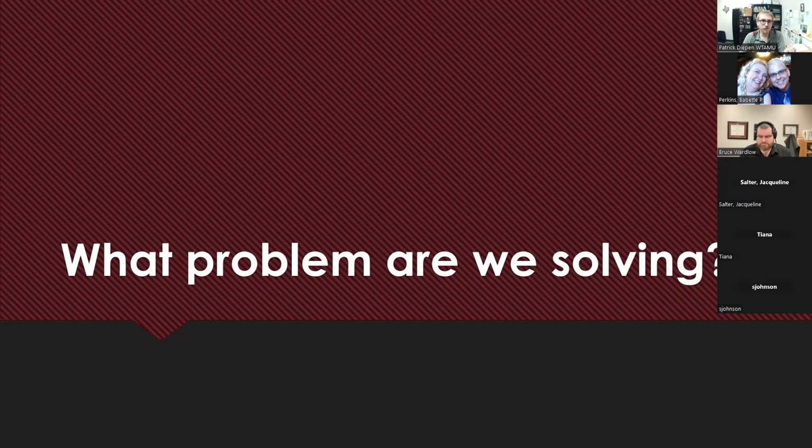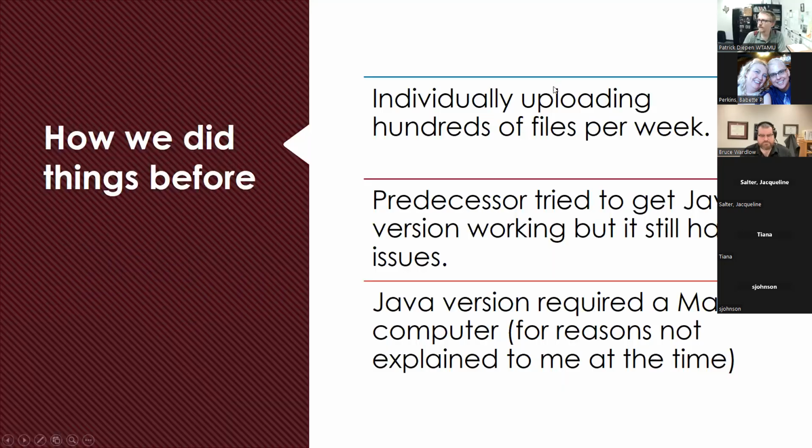The one most prevalently used is Java-based, and we don't have any way of running Java-based programs on our computers. For individual uploading, the Java version required the single Mac computer that did have it, and it is not here anymore. That belonged to my predecessor, who was OER librarian and running the institutional repository.